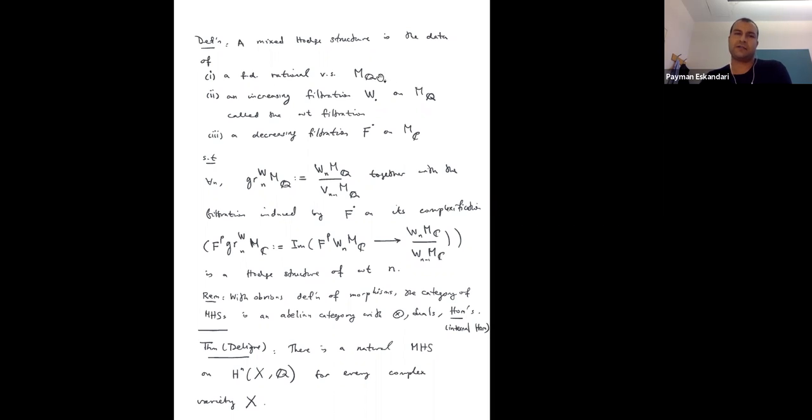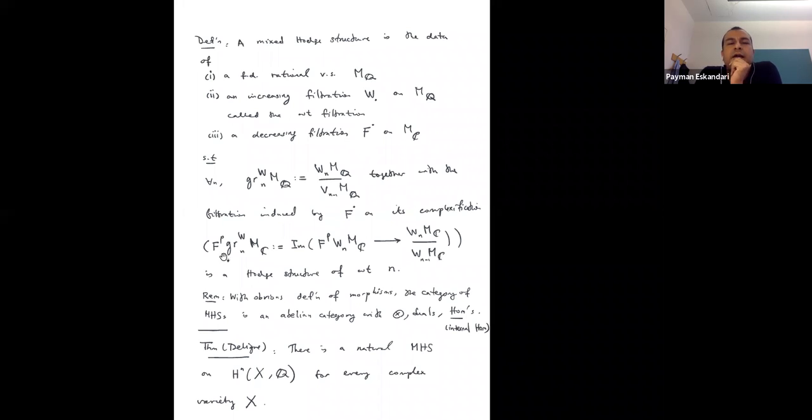So again, a rational vector space together with an increasing weight filtration on that vector space, and a decreasing filtration on the complexification, such that if you look at each of the pieces of the associated graded, Gr_n of M_Q, which is W_n modded out by W_{n-1} of M_Q, this thing together with the filtration that is induced by the Hodge filtration.